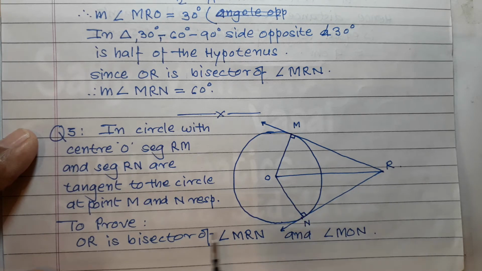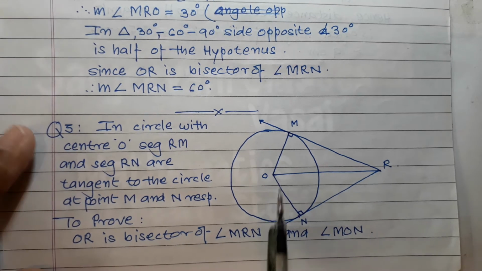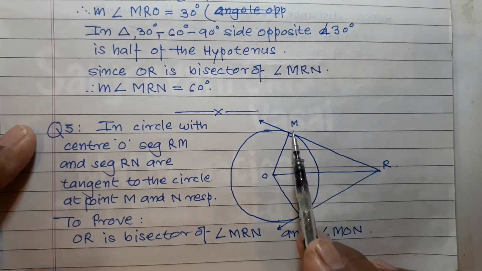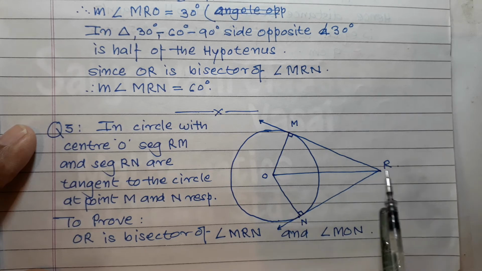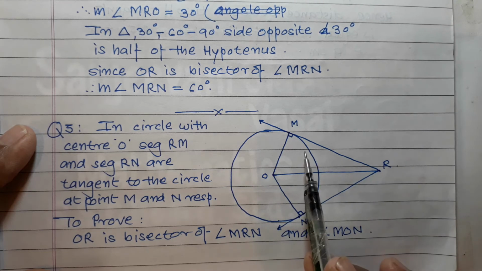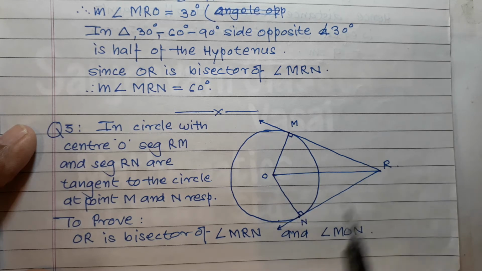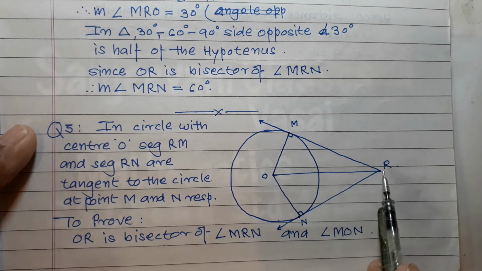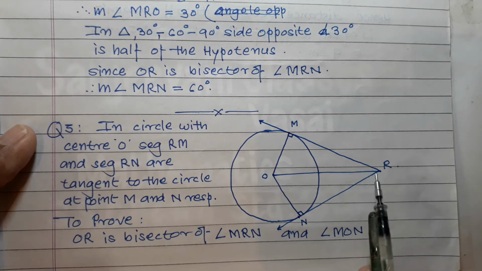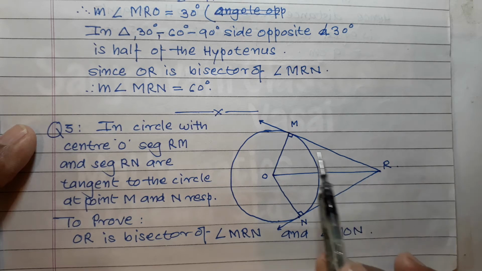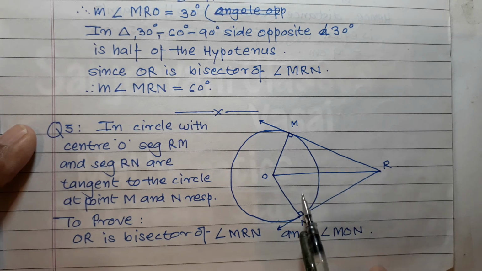Okay, now first I explain by means of a figure. Now this radius is perpendicular to the tangent, and therefore this angle is 90 degree, this angle is 90 degree. Also, R is the external point, so this tangent segment and this tangent segment are equal, so these two triangles are congruent.